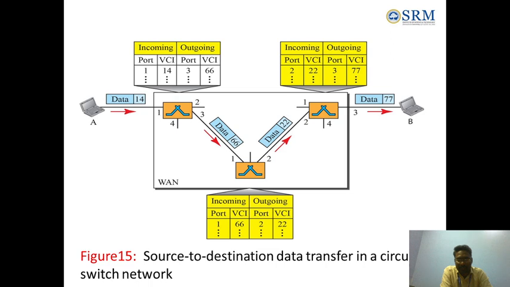From there, the data packets you are transferring will be delivered seamlessly. This is what happens in data transfer in a circuit switched network.